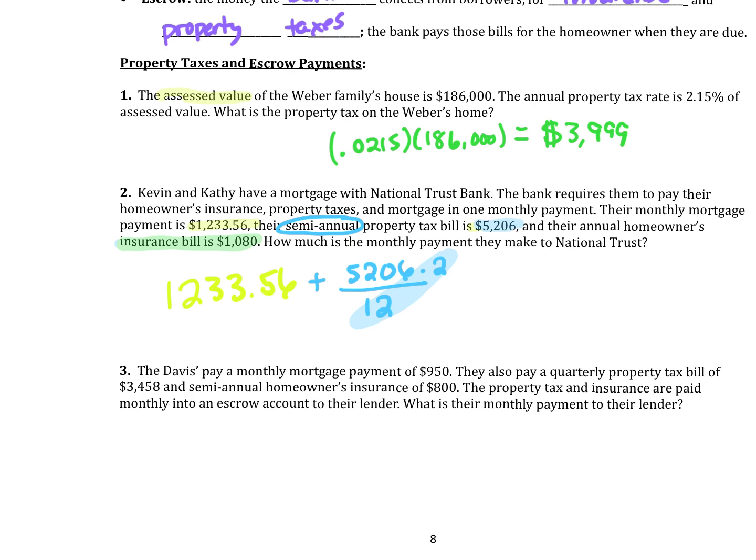But for me, that's just the thought process that makes most sense to me: we want to divide by 12 if we have the annual, but if it's semi-annual, then it's twice a year. Does that make sense, guys? So if you want to think of this as doing the 5206 over 6 rather than times 2 divided by 12, you can do that too. Yeah, you'll get the same answer. So it's just a matter of how you're thinking through that, right?